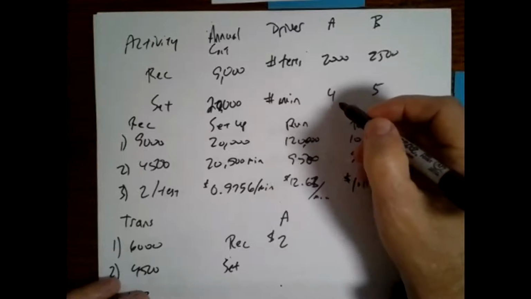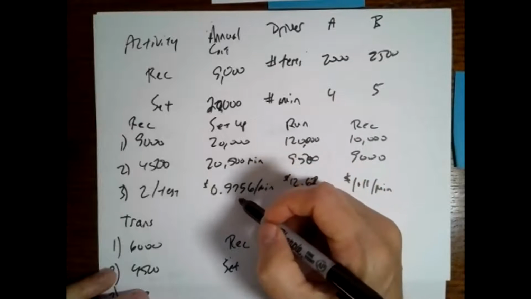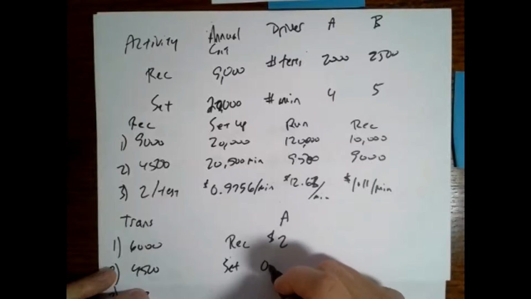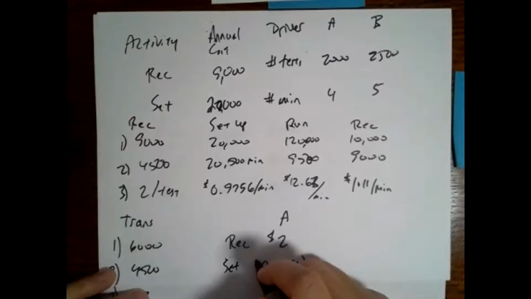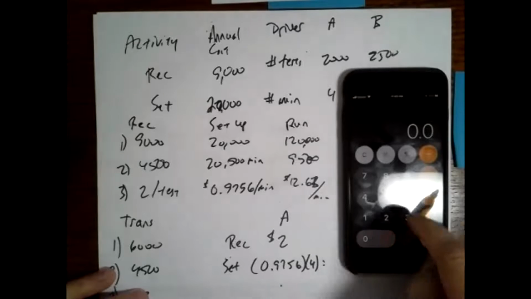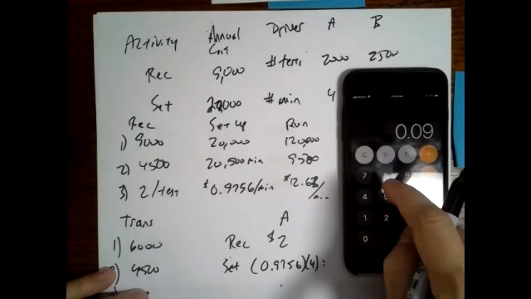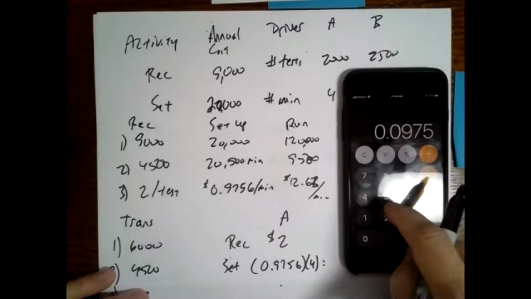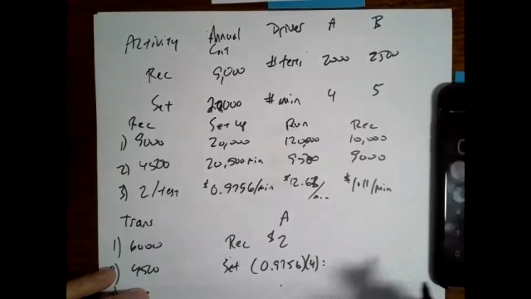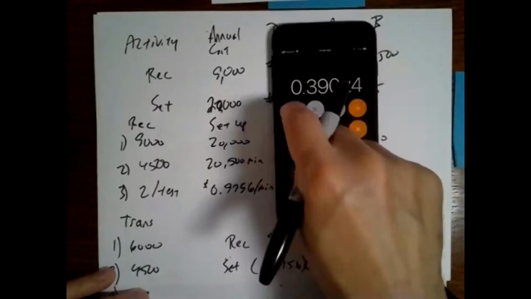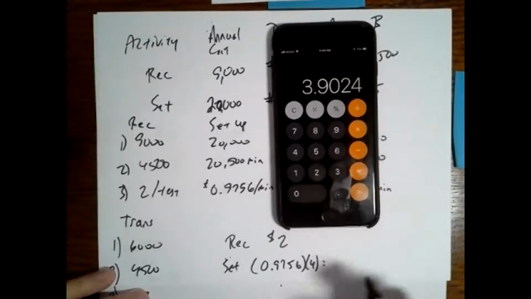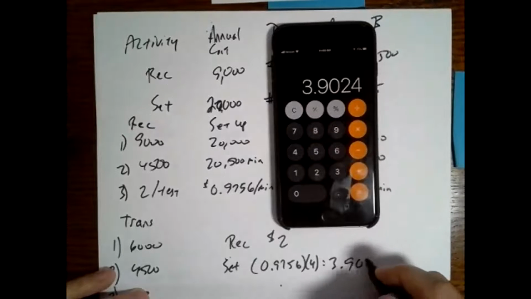Setup cost is going to be 0.9756 per minute times 4 minutes, and 0.9756 times 4 is 3.9024.